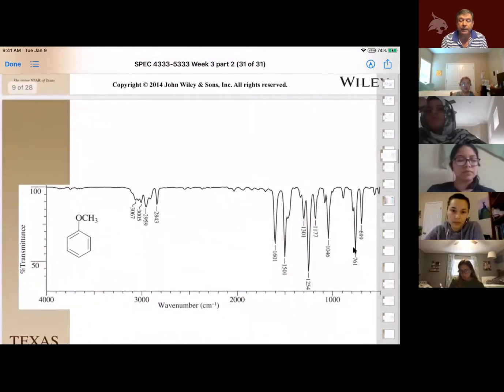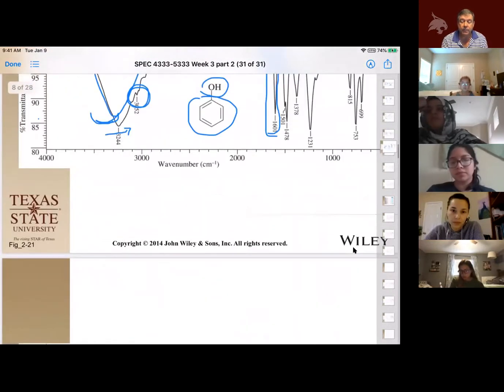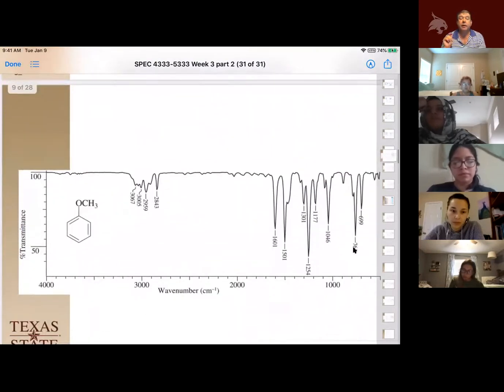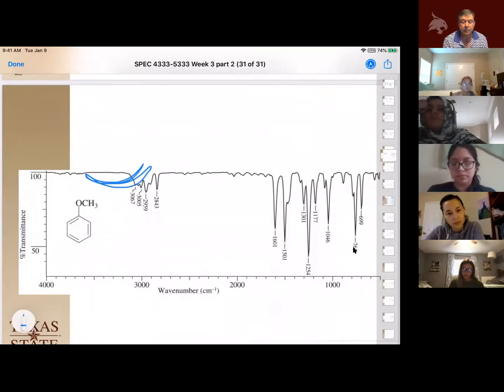Okay, so if we actually take this phenol and functionalize it to get rid of that acidic proton by turning it into anisole, or this methyl ether derivative here, we completely lose that entire set of hydrogen bonding. That's all gone because we don't have the acidic proton anymore. And we have all of our little peaks here. Now notice the peaks above here are from the benzene ring, the peaks below are from the methyl group.